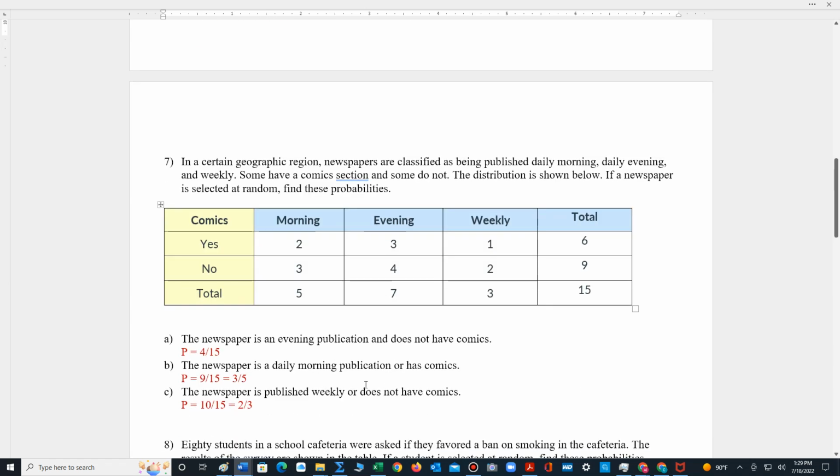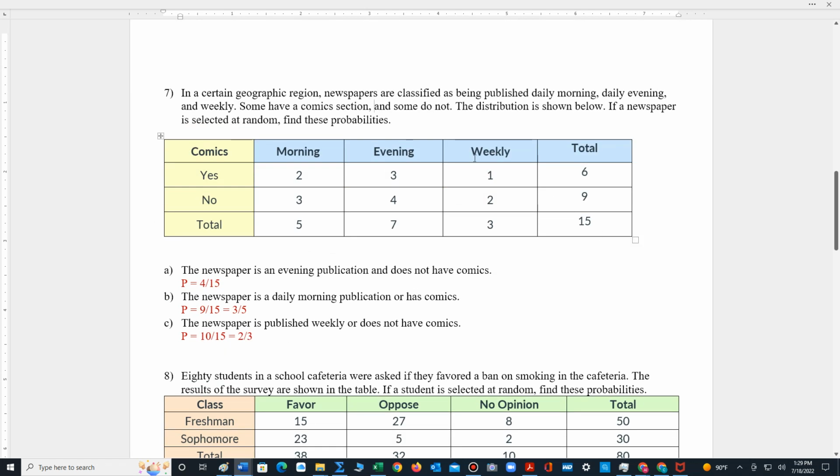In this problem, we have a contingency table. It says in a geographic region, newspapers are classified as being published daily morning, daily evening, and weekly. Some have a comics section and some do not. So we have our table here that represents the outcomes.